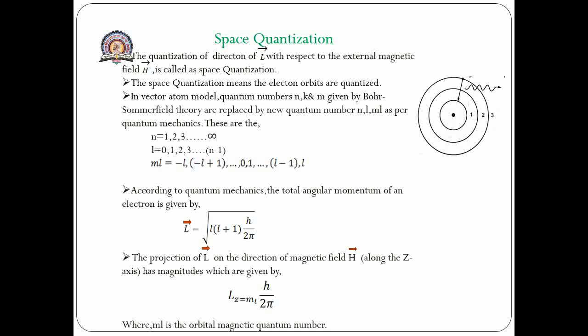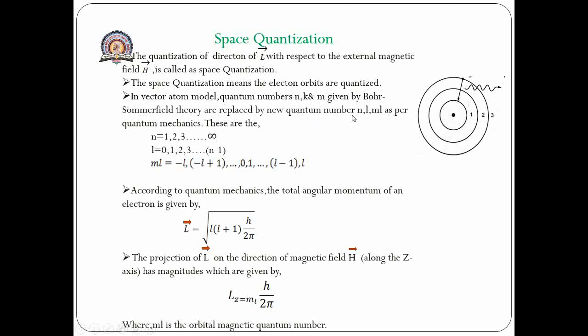In the vector atom model, the quantum numbers n, k and r given by the Bohr-Sommerfeld theory are replaced by new quantum numbers n, l, ml as per quantum mechanics. Here n, k and r represent the principal, azimuthal and radial quantum numbers.